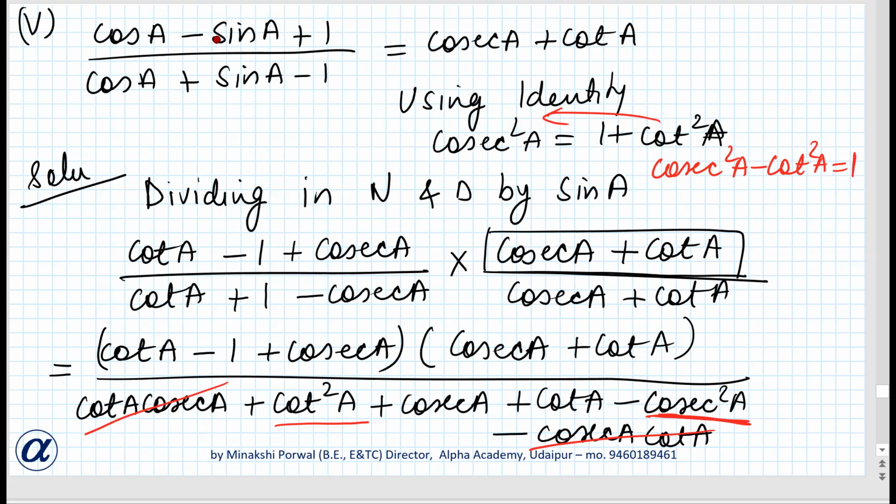So if I divide entire equation in numerator and denominator by sin theta, I'll get cot theta and cosec theta. So cos a by sin a is cot a, sin a by sin a is 1, and 1 upon sin a is cosec. Similarly, these terms will remain same in denominator also, only signs are different.